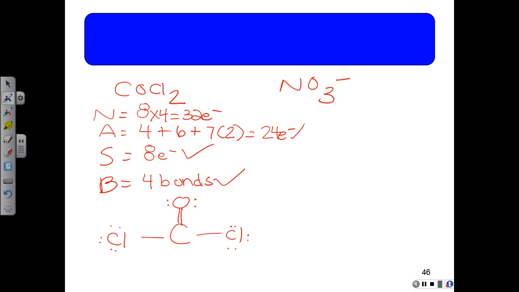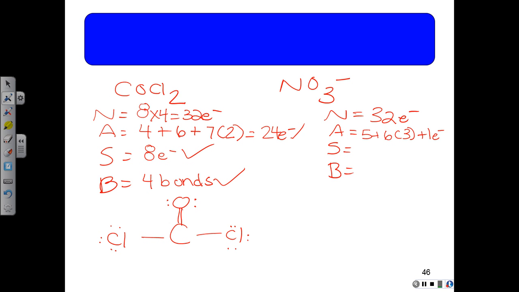All right, NO3 minus. We once again have 4 atoms that all need 8, so we have 32 electrons needed. Available: nitrogen's in group 5, oxygen's in group 6, so we have 3 oxygens. And we can't forget about what? Charge. We have a 1 minus charge, so we have to add an electron, and that gives us an even number anyway.